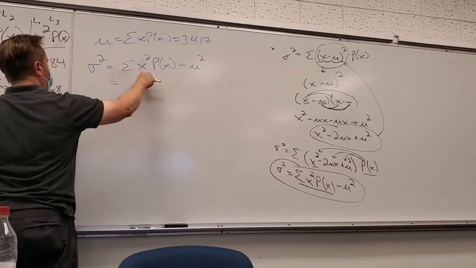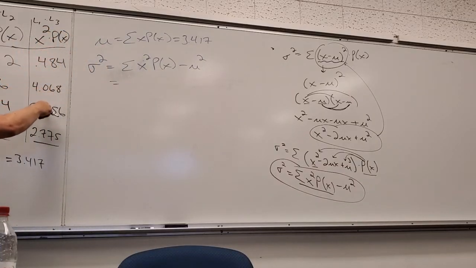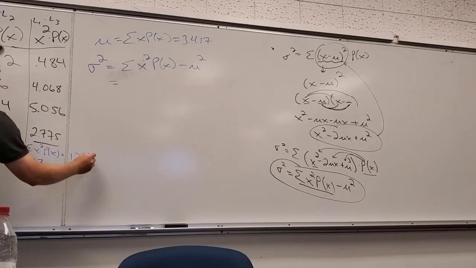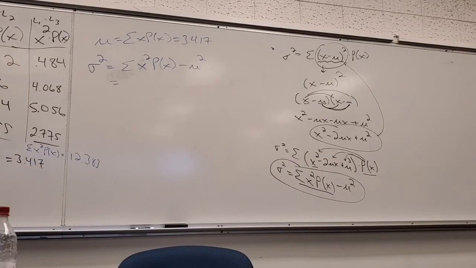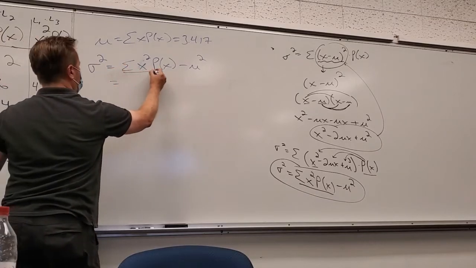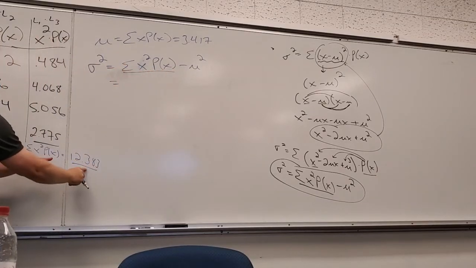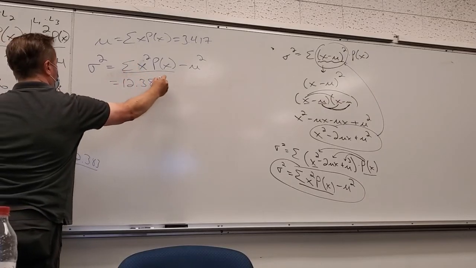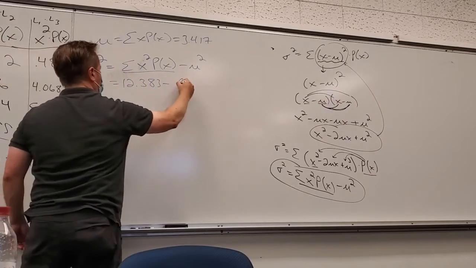So somebody help me out. What is the sum of these? Has anyone done that yet? 12.383. Yes. Sounds about right. So now just put that here, right? That goes there. Minus what squared?